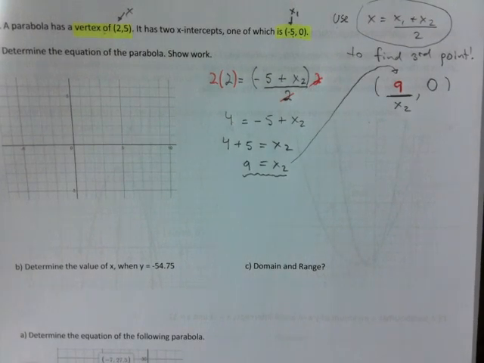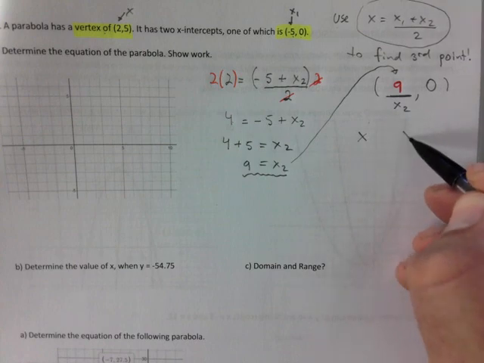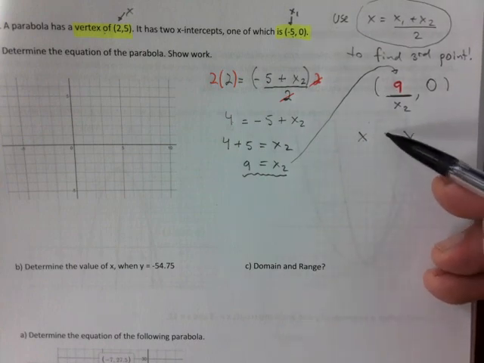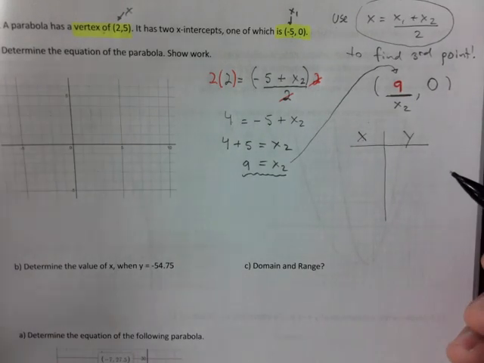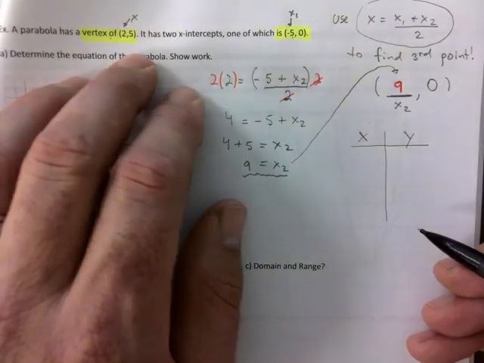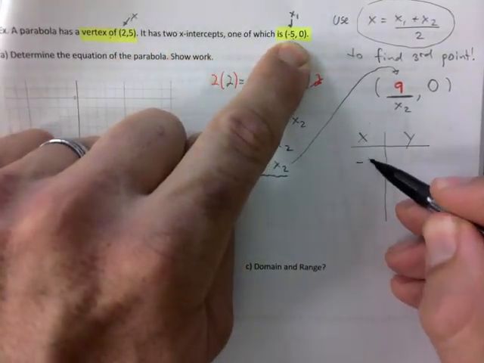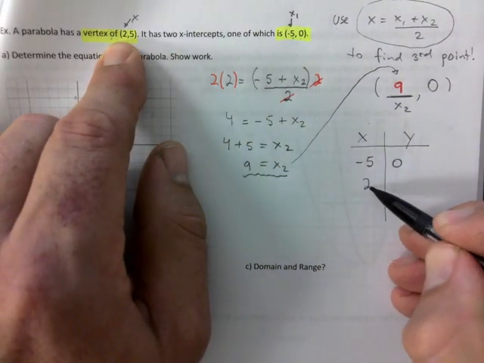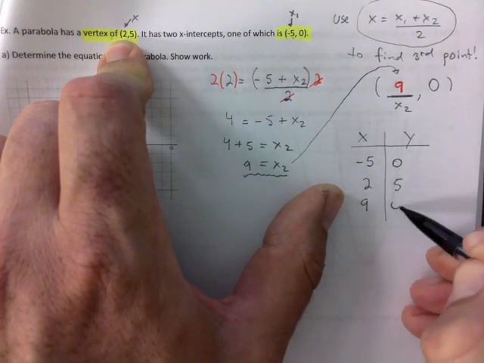Okay? So I want you to set it up like this. X, Y, it might be distance and height later on, whatever. Do this, please, always. It makes it so much easier. So it doesn't matter which order you put them in, but I tend to put one of the points, then the vertex, and then the third point that I just found.